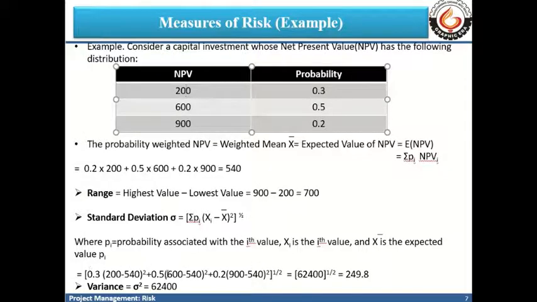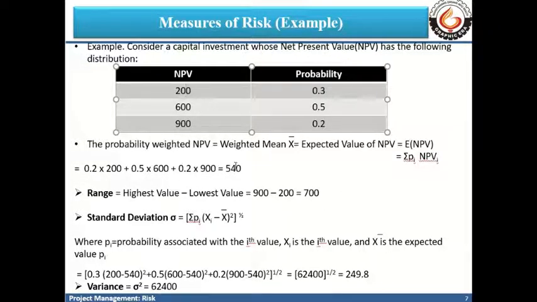If we sum all these values, we get the standard deviation. So basically we take the square root of the summation of the probability values multiplied by the squared differences between the NPV value and the expected probability weighted NPV value.